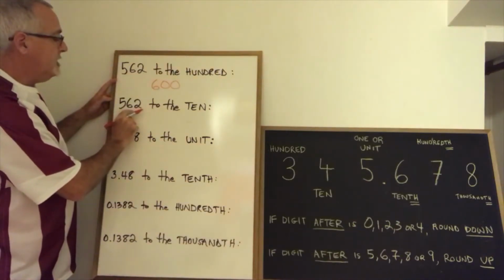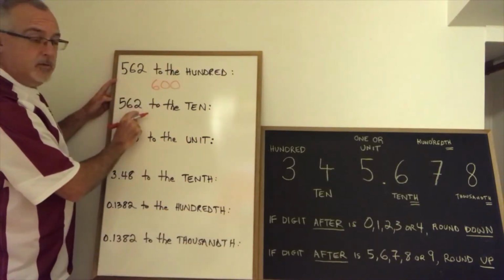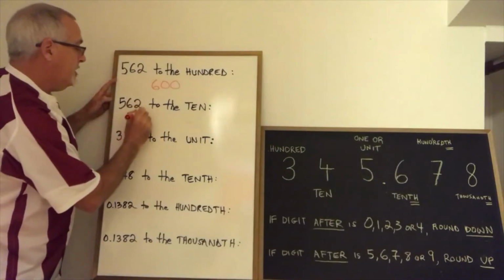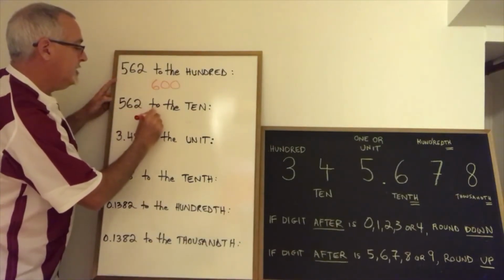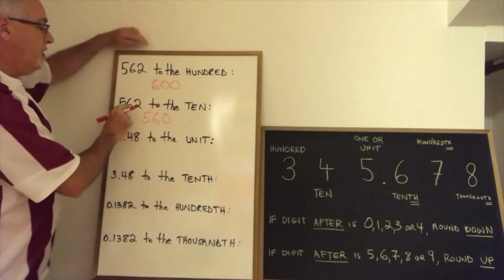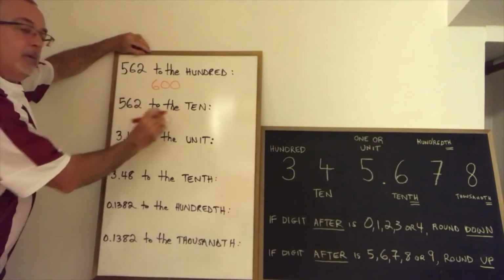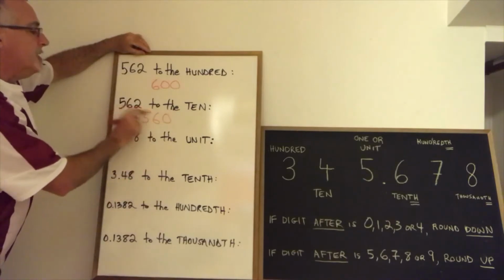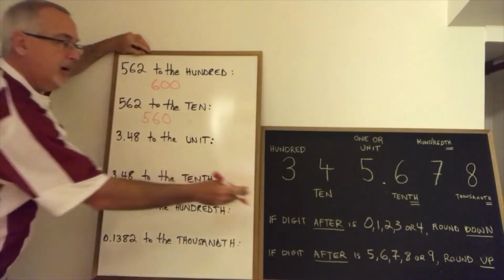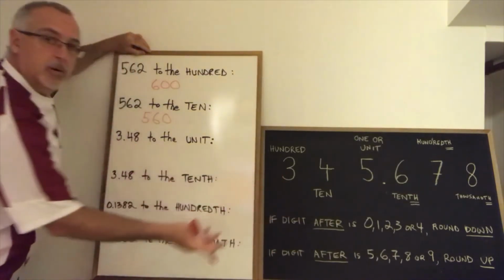That's the tens position. The number after it is a 2. So I round down. I have 560 when I round 562 to the 10. The 2 is gone, we replace it with a 0, and the 6 stays a 6, because the number after it was from 0, 1 to 4.